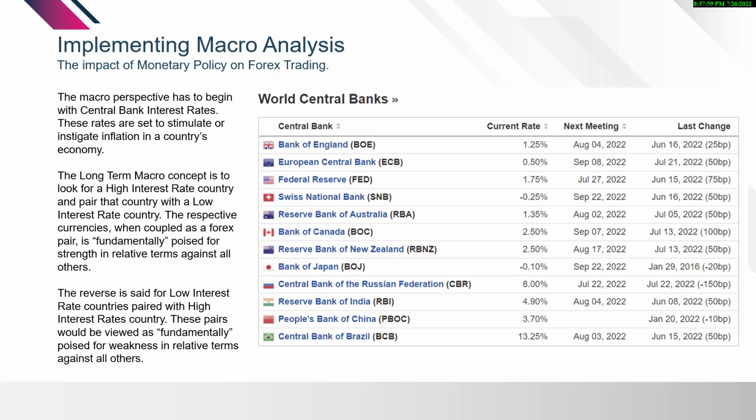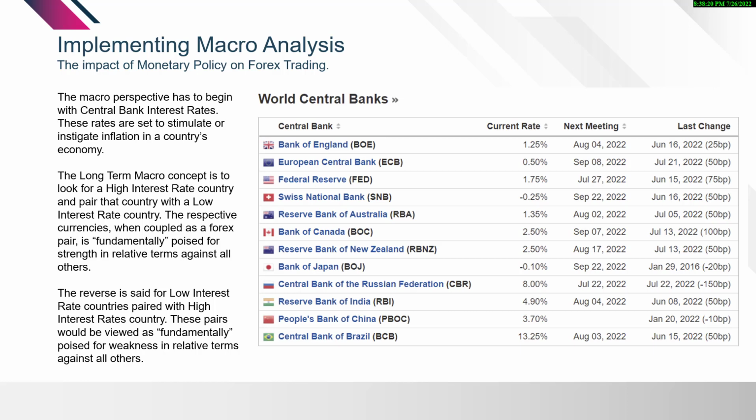But fundamentally speaking, a country that has got higher rates versus a country that has got low rates, the country that has got higher rates should see strength. Vice versa, a country that has got lower rates versus a country that has got higher rates should see weakness in the country that has got lower rates.